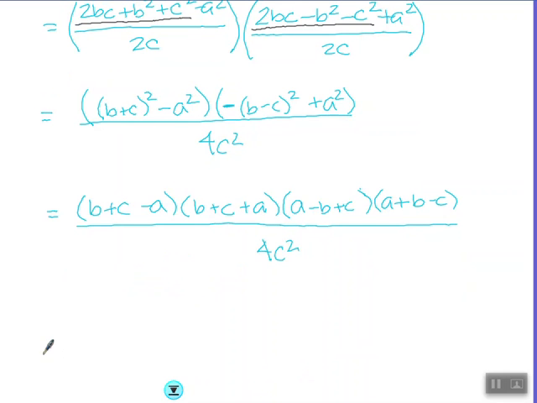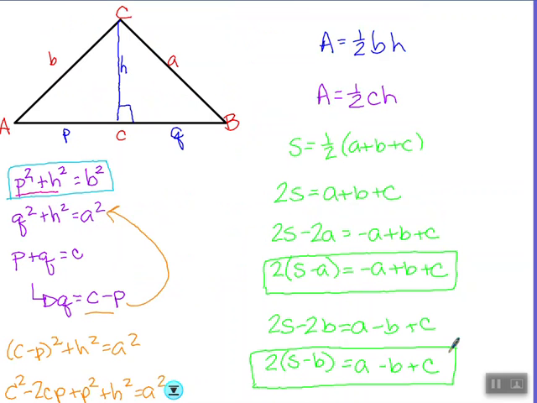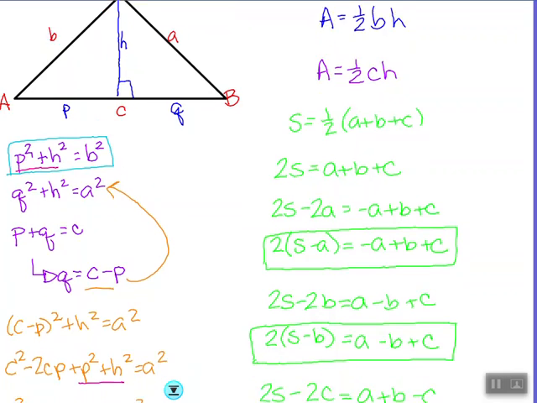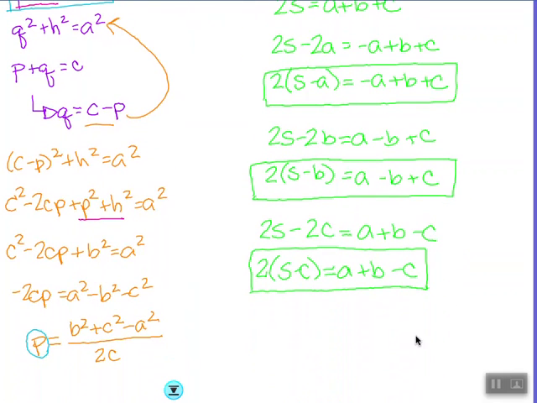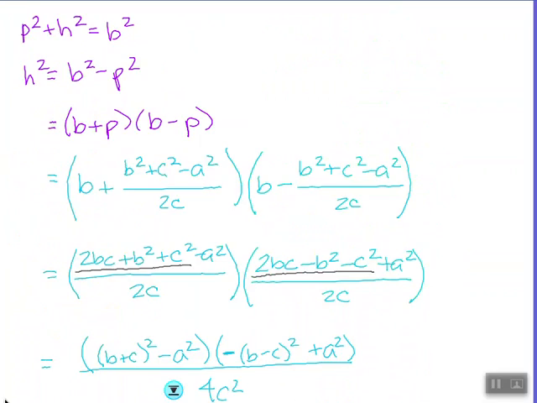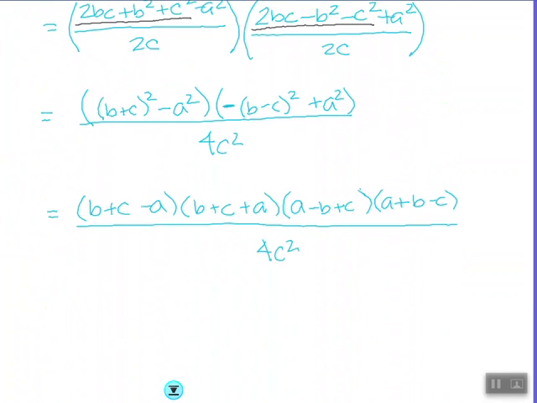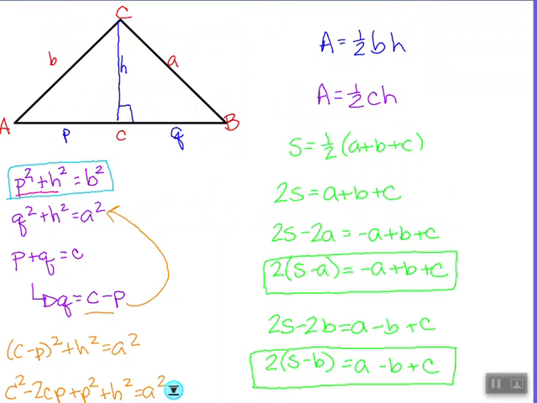Now, this is where I'm going to go back to the green equations that I had at the beginning. If we look carefully, b plus c minus a is the same thing as 2s minus a.